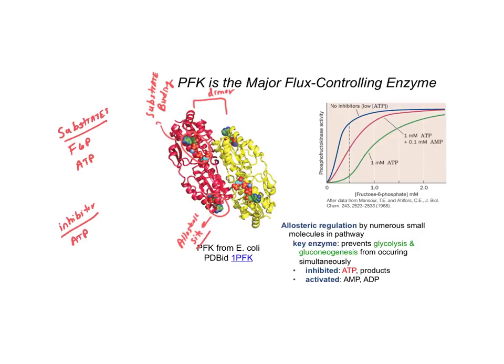Okay, so we'll call it an activator. Again, it's going to be something that binds and actually speeds up the overall reaction rate. So the allosteric activators are AMP and ADP.